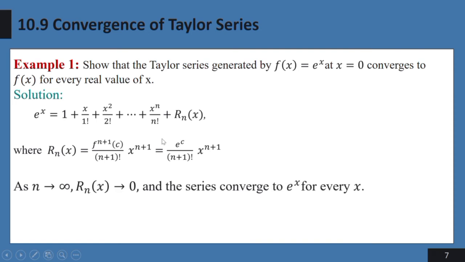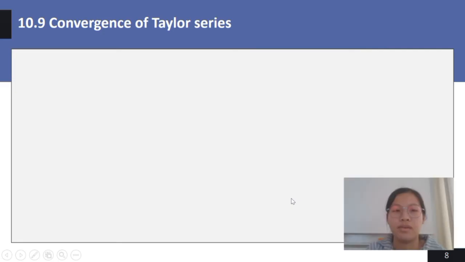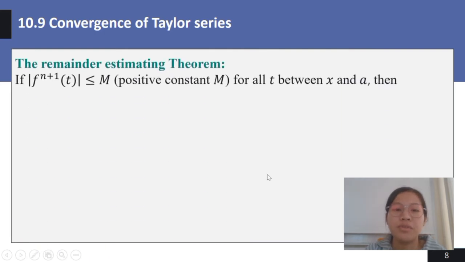As n approaches infinity, our remainder approaches zero. It means that it gets smaller. So when it gets smaller, we can say that this series converges to e to the power x for every x. Okay, so let's move to the next slide about the remainder estimating theorem.